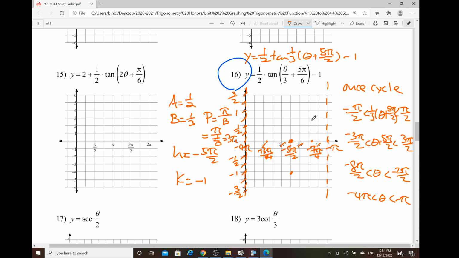And then this position is supposed to be negative 1/2. So negative 1/2 minus 1, negative 3/2. So all the way down here. So eventually, the final graph is going to be what? It's a horizontal stretch. So it's going to be like this.